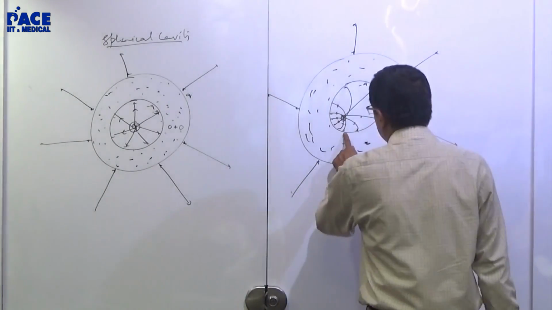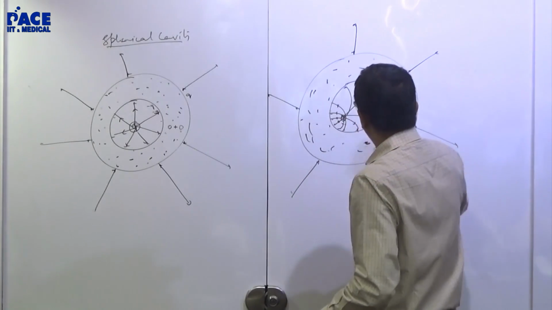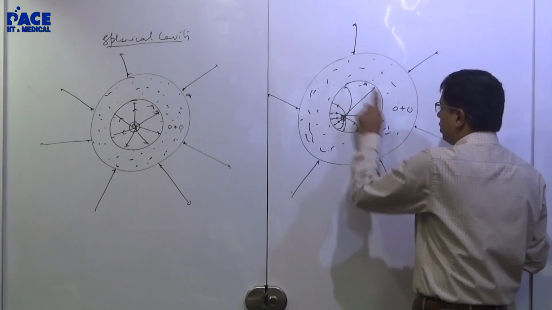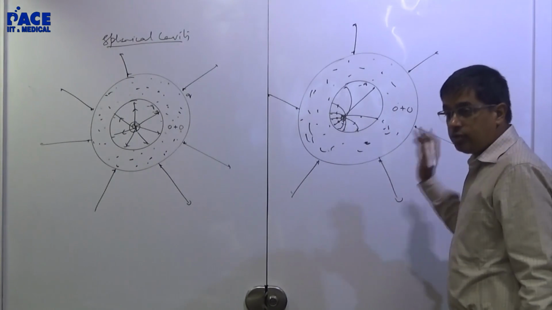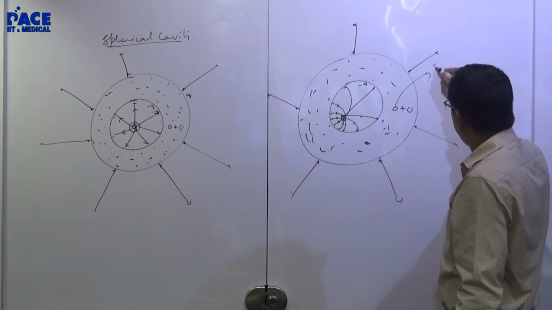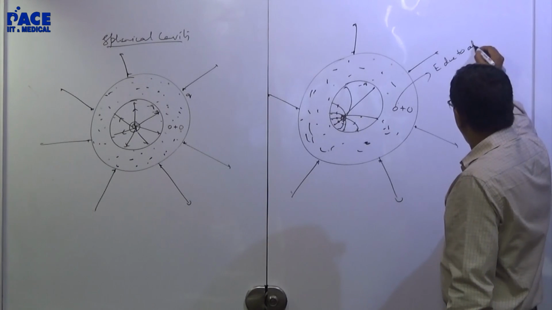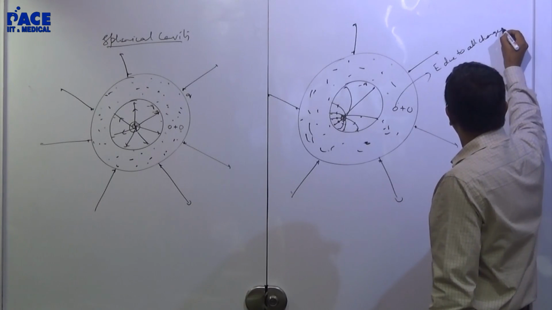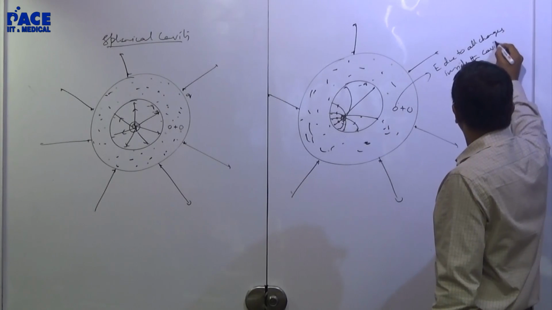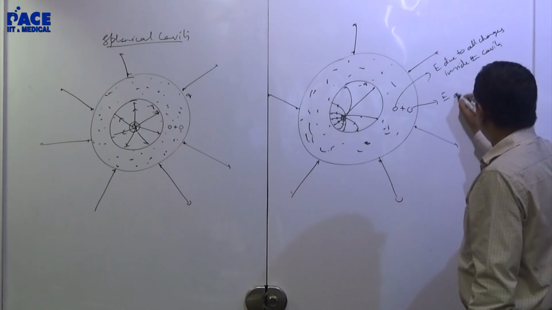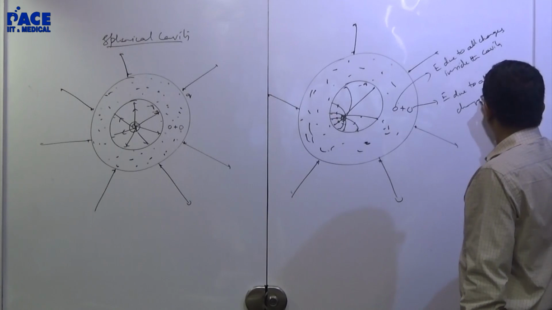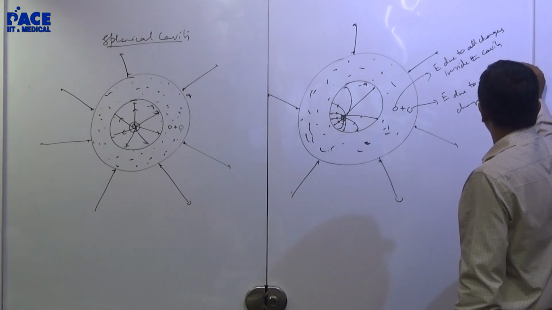But the negative charge redistributes so that the charge Q and minus Q together will give me the field 0 everywhere outside. So this 0 is the field due to all charges inside the cavity. This other field is due to all the external charges.